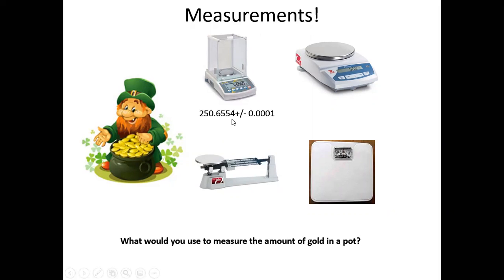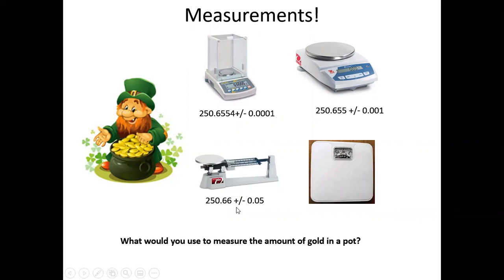Very precise measurement. With the top loading balance, he can measure down to the thousandths of a gram. So not as precise as an analytical, but pretty precise down to the thousandths or milligram level of the scale.